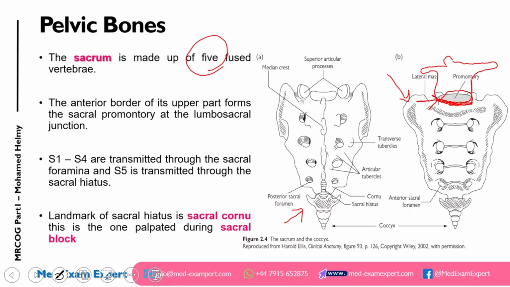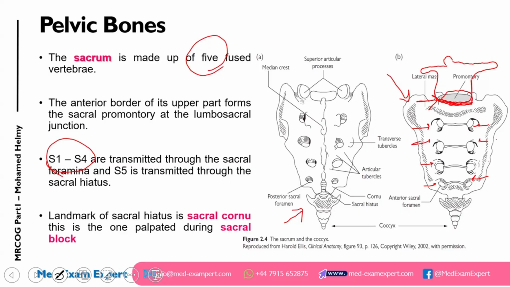We have, as we can see, 4 sacral foramina on each side. Okay, 4 pairs, I mean. 4 pairs of sacral foramina, each pair on one side of the sacrum, and these 4 pairs of sacral foramina transmit the S1 to S4 nerves, or from sacral 1 to sacral 4 nerves.